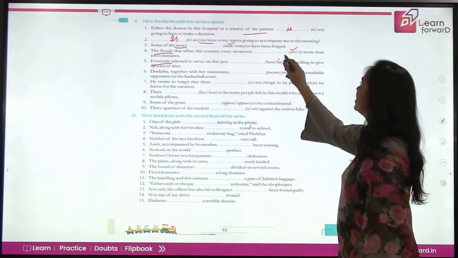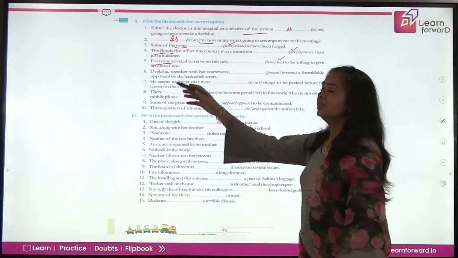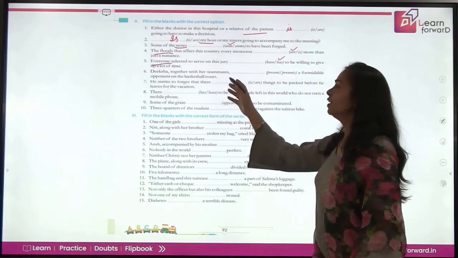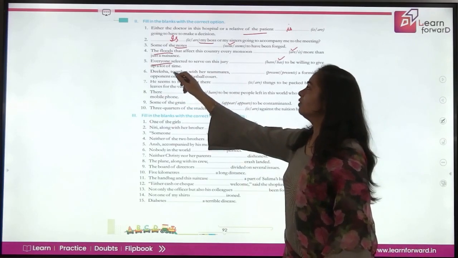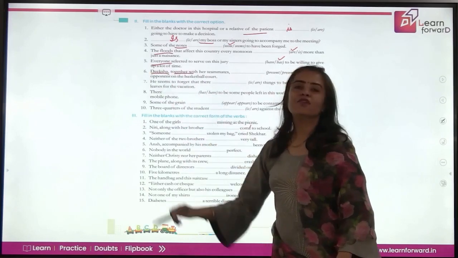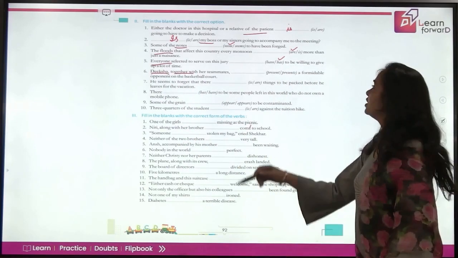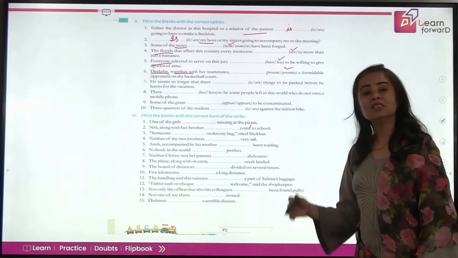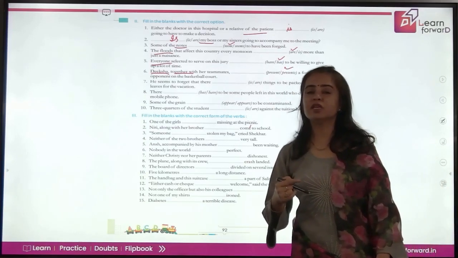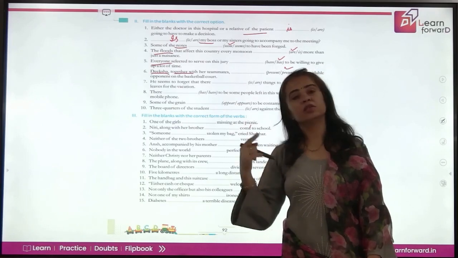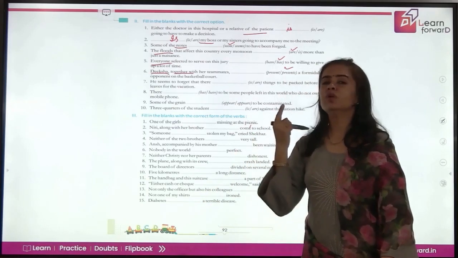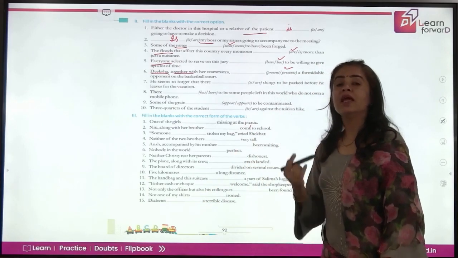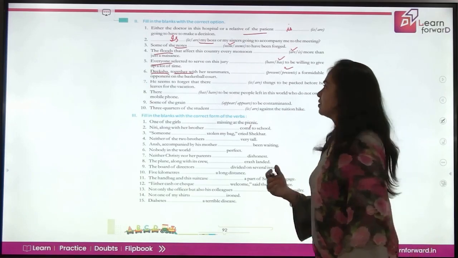Everyone has to be willing. Next, Diksha, together with her teammates. We are using the word together. We'll look at the first part of the subject, which is singular. This is how every time you say the rule, why I am using singular, why I am using plural, you will be learning your rules properly and you will be confident about your answer.